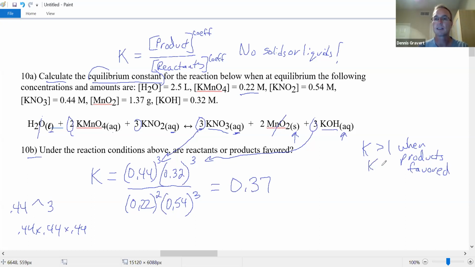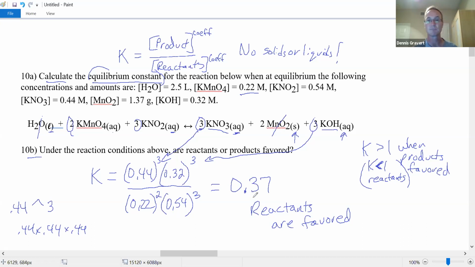If K is less than 1, then it's the reactants that the reaction prefers. And so this number 0.37 is less than 1. So reactants are favored. At equilibrium, it tends to have more reactants than products. Not a very good reaction, right? Most reactions you want to make products. This one doesn't care to.